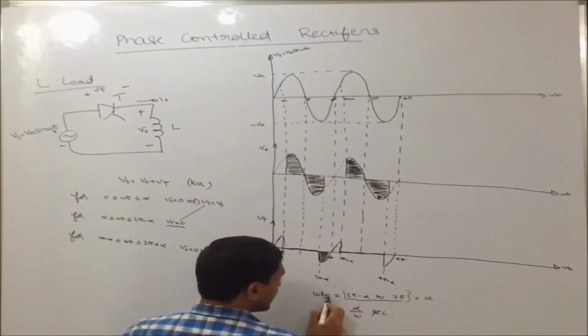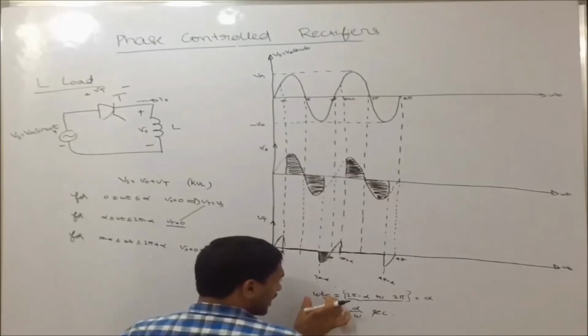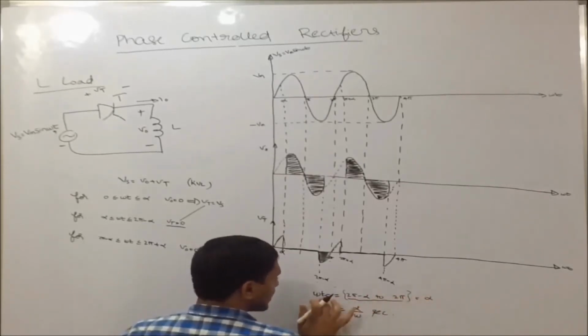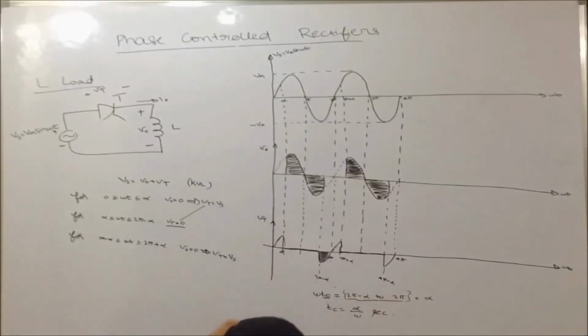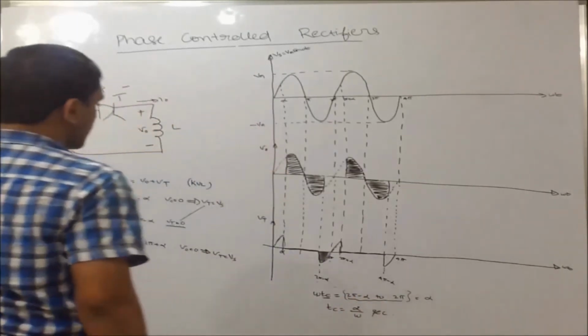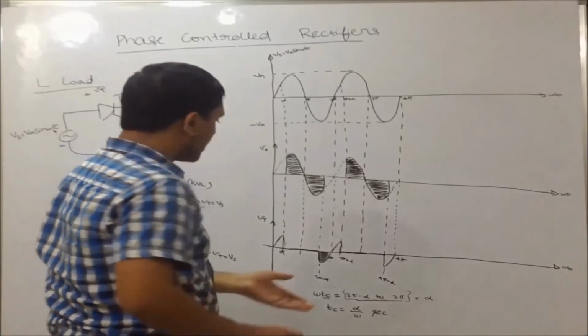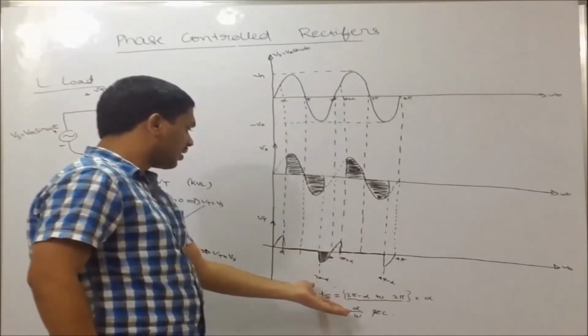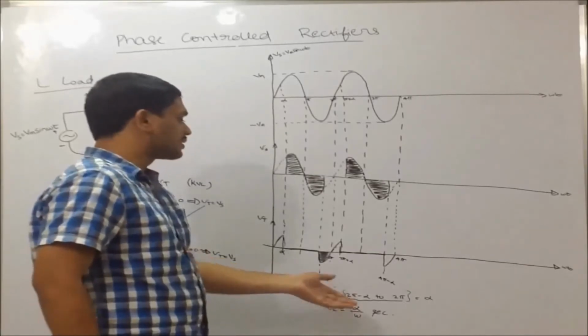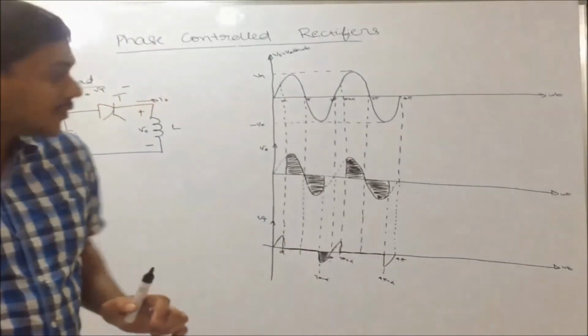So Tc I multiply with omega. Thereby omega Tc equal to alpha. Commutation time Tc is alpha by omega seconds. So this is how to calculate the Tc. The higher the value of alpha, I get more commutation time. The lower the value of alpha, I get less commutation time.